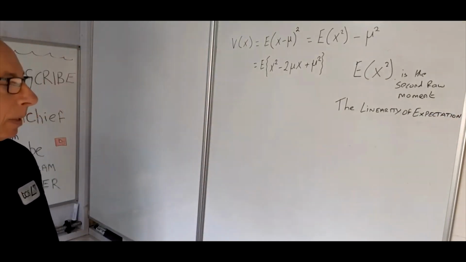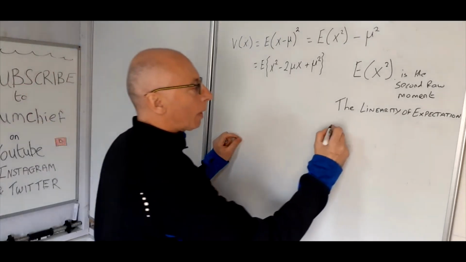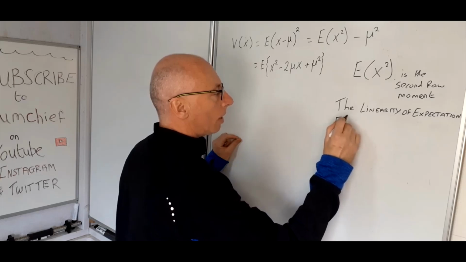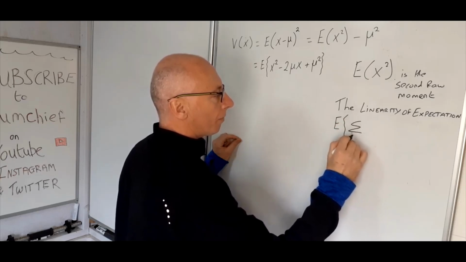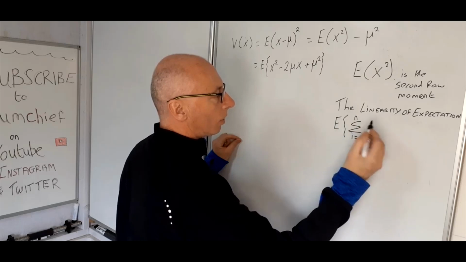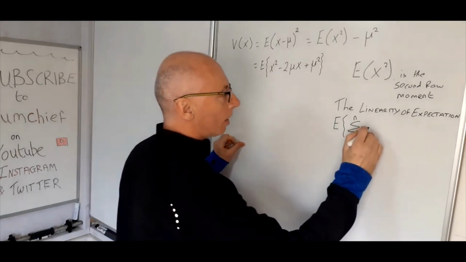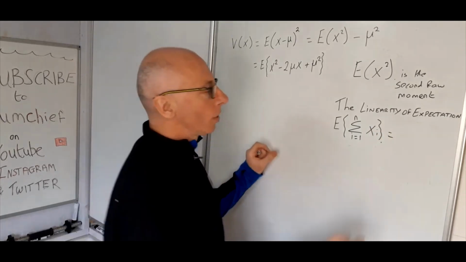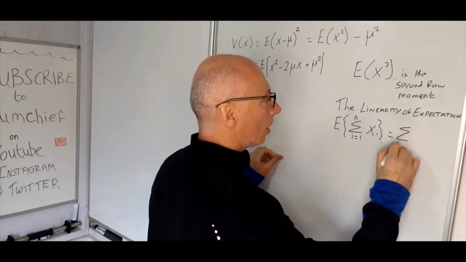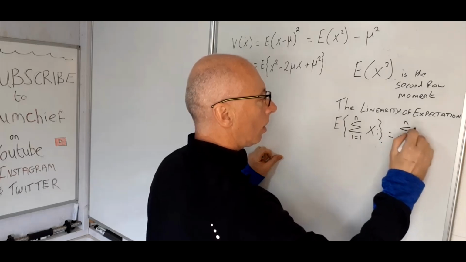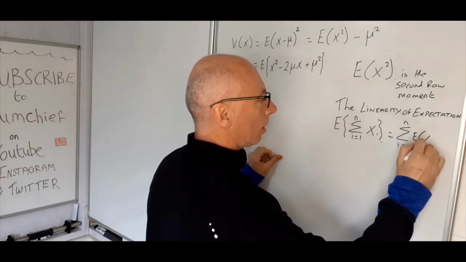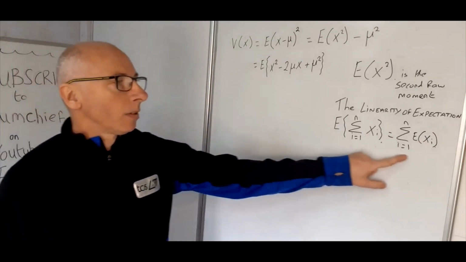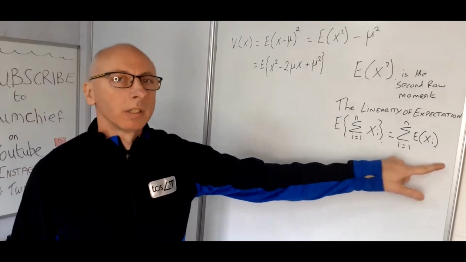Basically what it means is the expected value of the sum of all the values, so that's all the xi's, is equal to the sum of all the expected values of the xi's. So basically that's how it's written in algebra to show you.